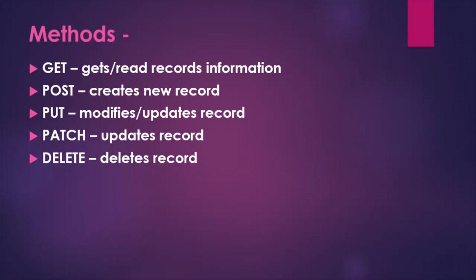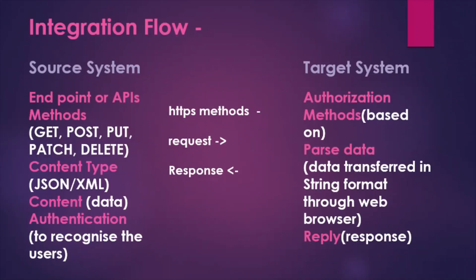If any modification is needed in a record, we can use the PUT and PATCH HTTP methods to create an API. DELETE is used to delete a record. So we have understood the frequently used methods: GET, POST, PUT, PATCH and DELETE.